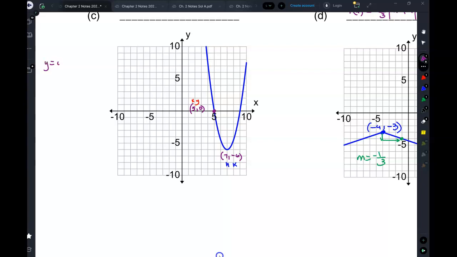Let me write the formula first. a times x minus h squared plus k. So what's y? Negative 6 equals a, what goes in the parentheses? What number minus what number? No, 5. That was negative 6. Oh no, see, that's why I told you guys to label it. Okay. 0 equals, thank you, a times 5 minus 7 squared minus 6.